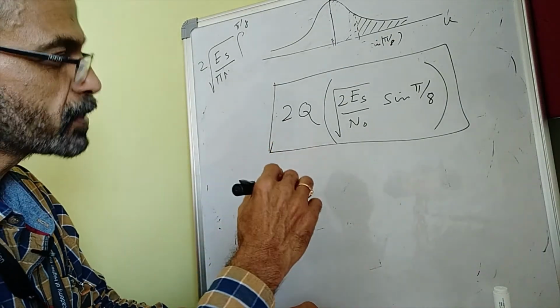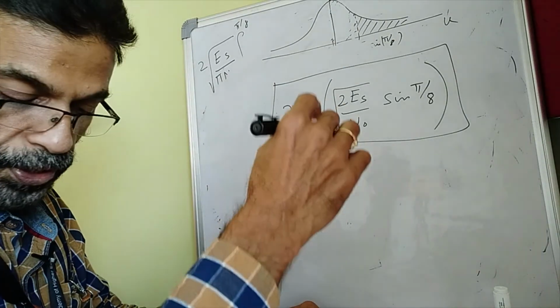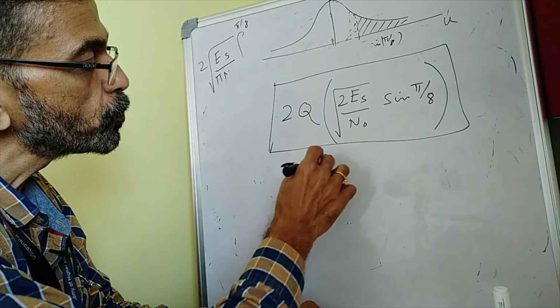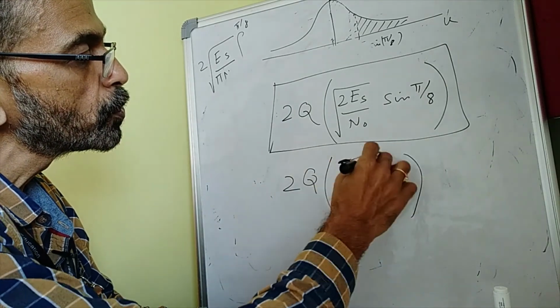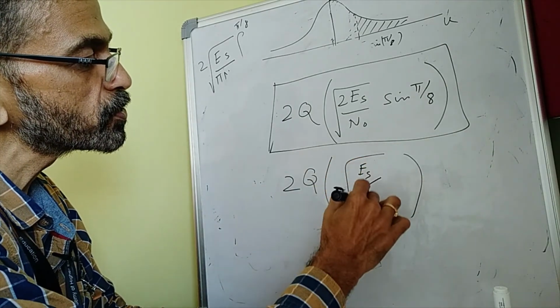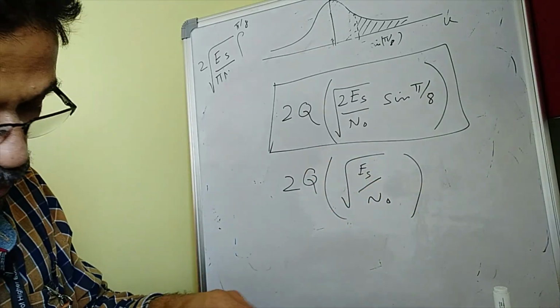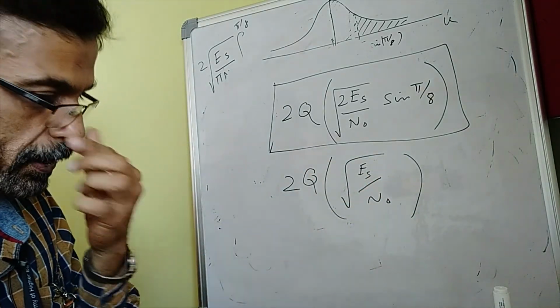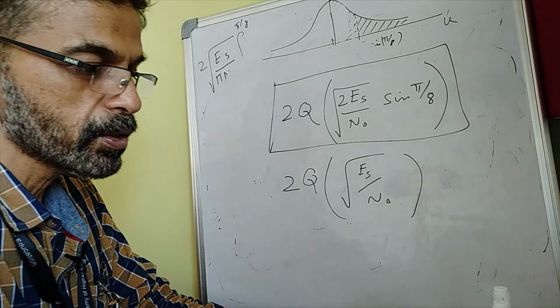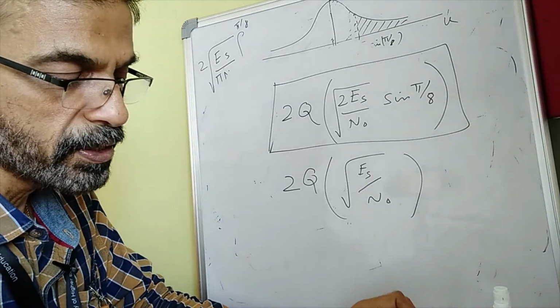I think it was approximately 2 times Q of root Es by N0. Please check this.